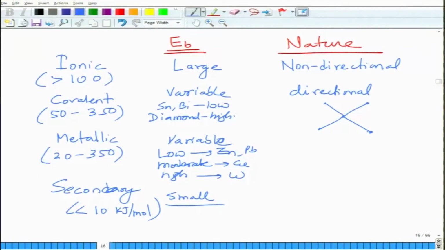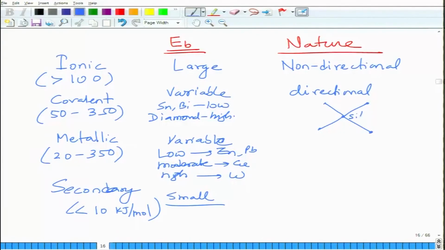As a result of maintaining these 4 bonds, it has to follow a certain geometrical framework, and that is why covalent bonds are very directional in nature, as in silicon or carbon. Typically you will see this in ceramics, or semiconductors as well. Metals, of course, are non-directional.